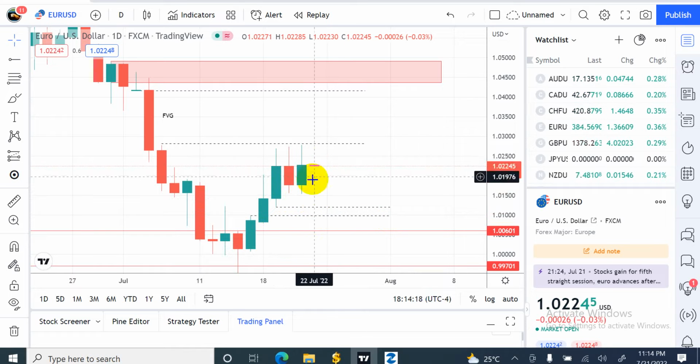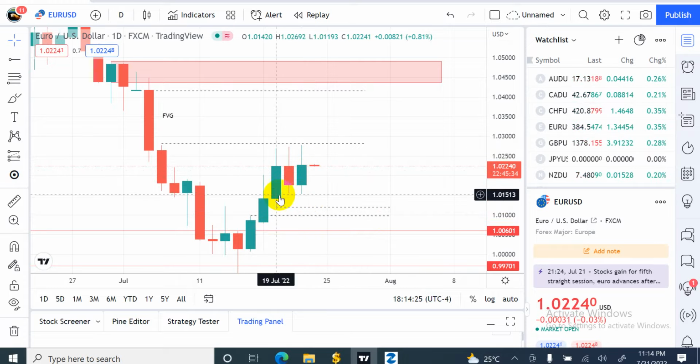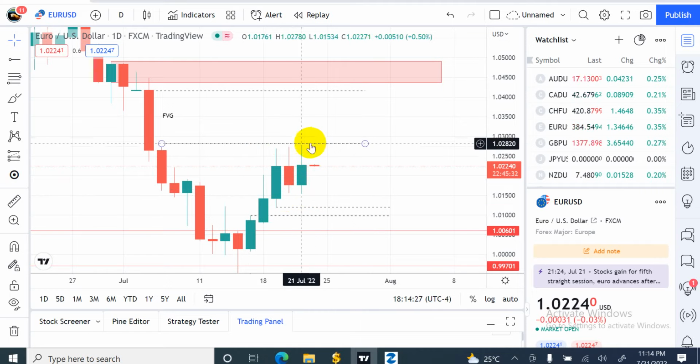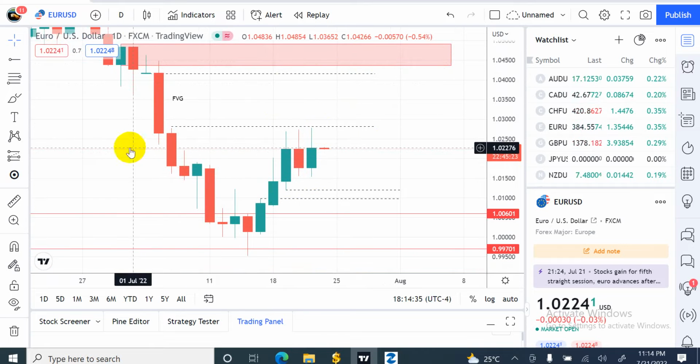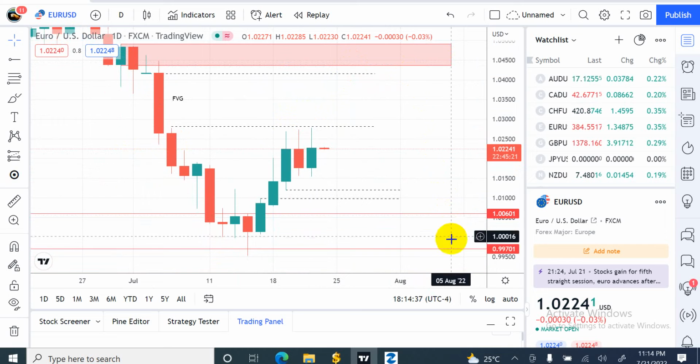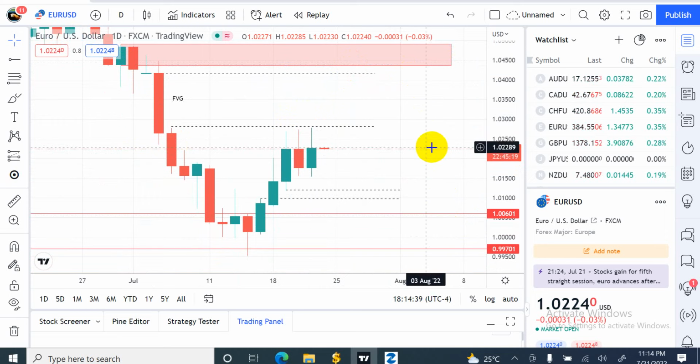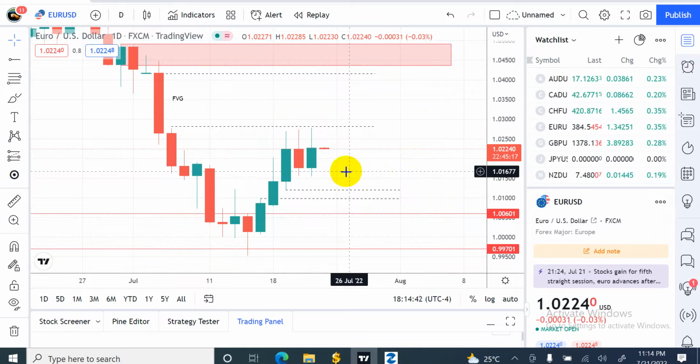This is already a new daily candle for me. Today is Friday, and I expect today to go below these relative equal lows before attacking buy side liquidity and going further into this fair value gap, looking for some sort of zone to get ready for the reversal and continue the predominant downtrend. So that's just the idea on Euro USD.